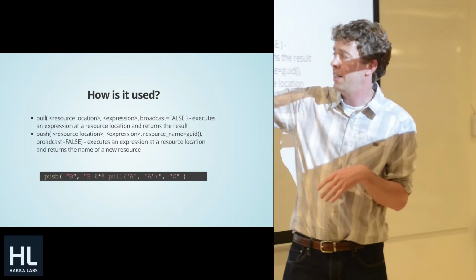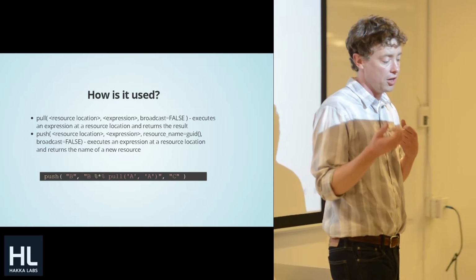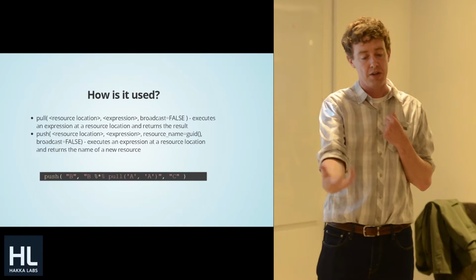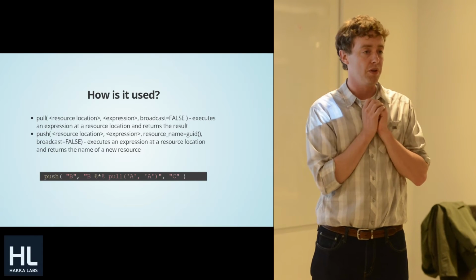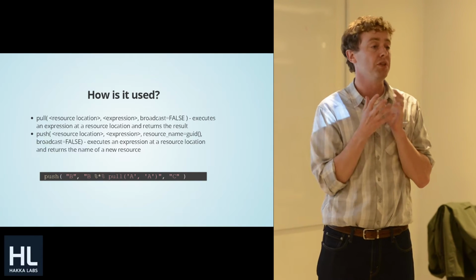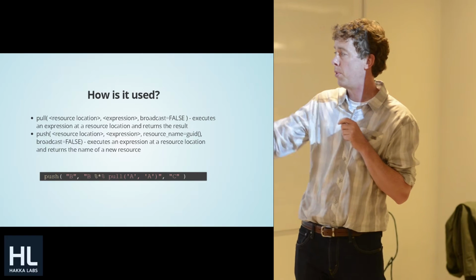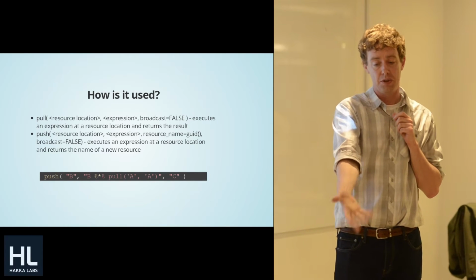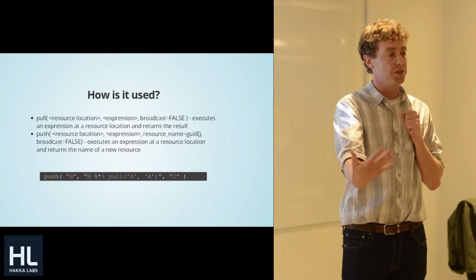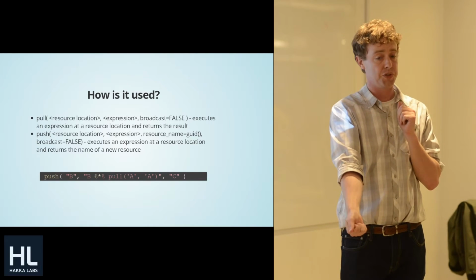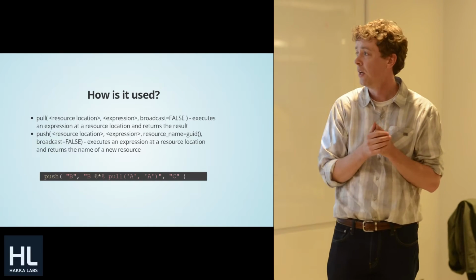Essentially, if you're doing a pull, you're giving the cluster an expression, and it's going to pull the result of the expression. With a push, you're giving an expression to consume, and whatever the result is is going to stay out on the cluster, and you're going to get a handle to it.